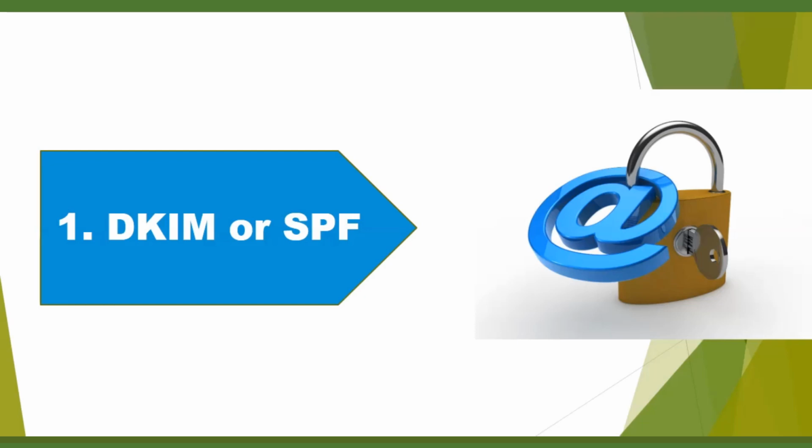And email services like Gmail and Yahoo recognize you as a legal sender when you send an email from a domain-related email address. So set up DKIM and SPF records in your domain with your domain providers.